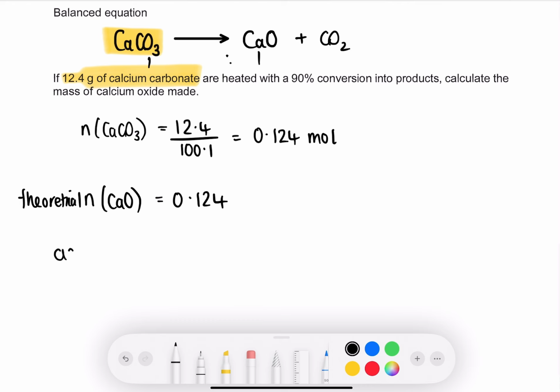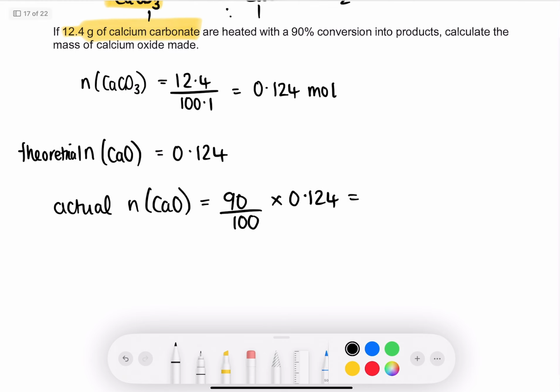But we actually make only 90% of that. Our conversion is 90%. So we work out what 90% of 0.124 is, and it comes out to be 0.111. This is still moles, we're just converting moles.